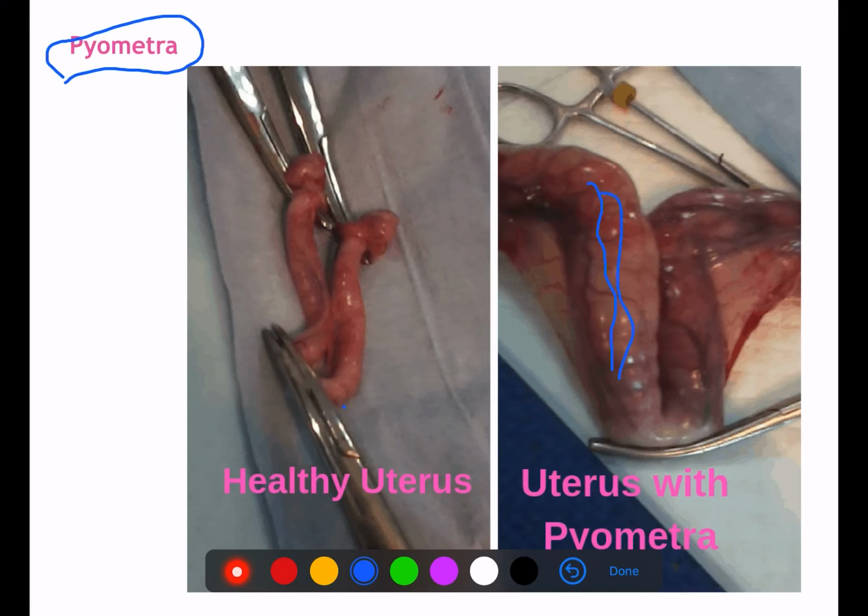The healthy uterus and its size, compared with the uterus with pyometra, shows the increased lumen diameter.